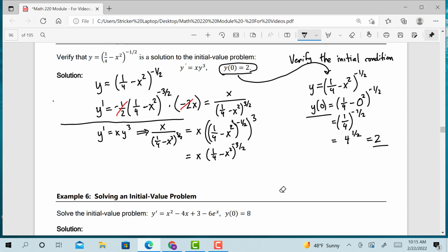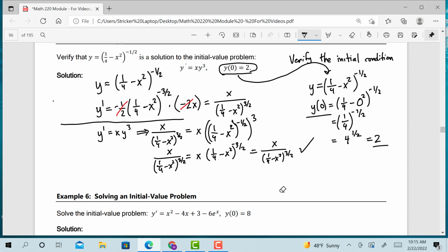On the other side, we have x over 1/4 minus x squared to the positive 3/2. And those are equal, right? Because this right-hand side is the same as x over 1/4 minus x squared to the 3/2 because of that negative power. So it does check out.